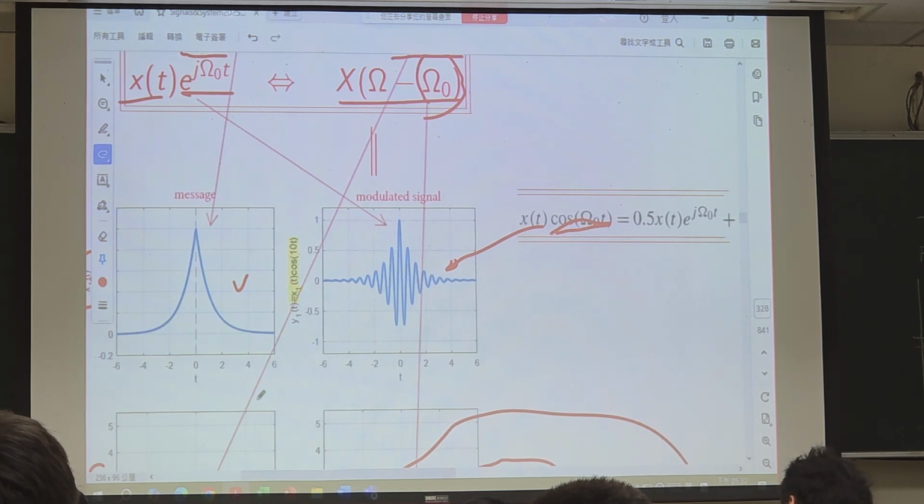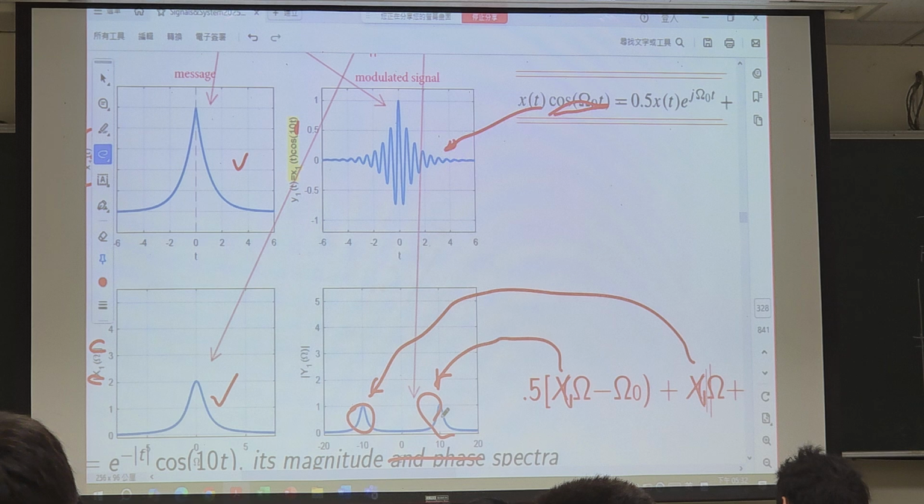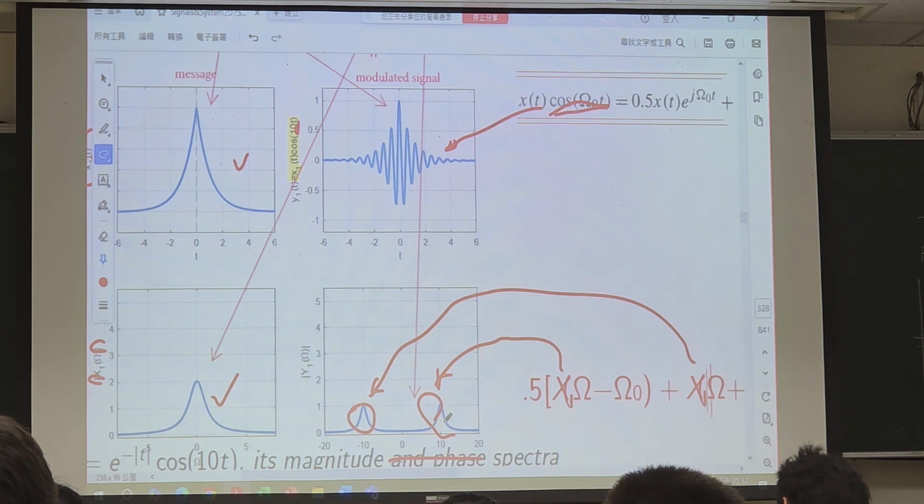The omega sub 0 we are using to modulate the signal is, in this case, 10 radian per second. So we have one component at 10 radian per second. Another one is at negative 10 radian per second.